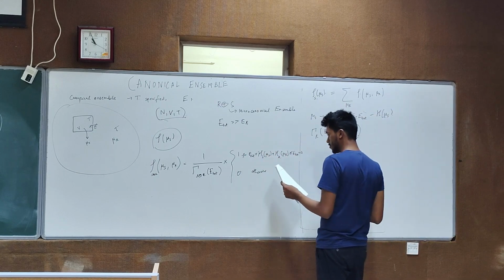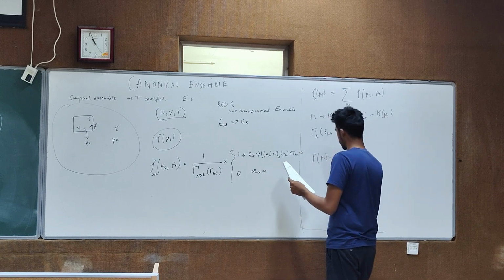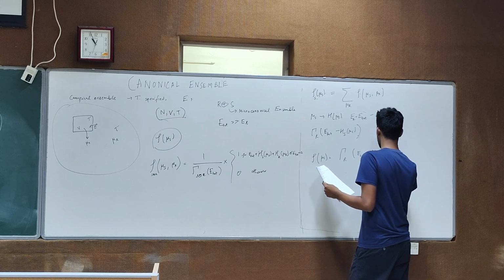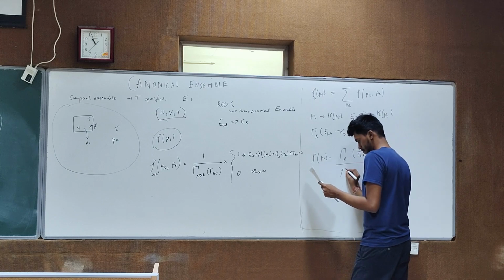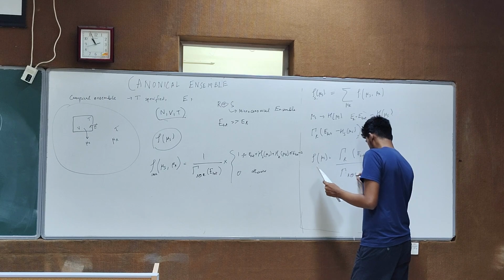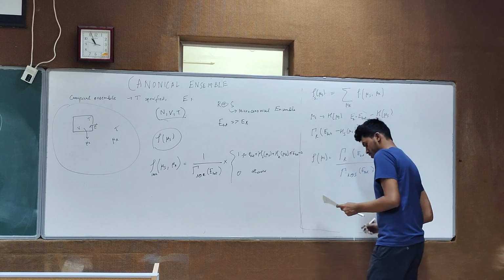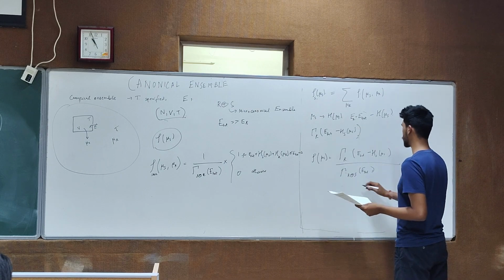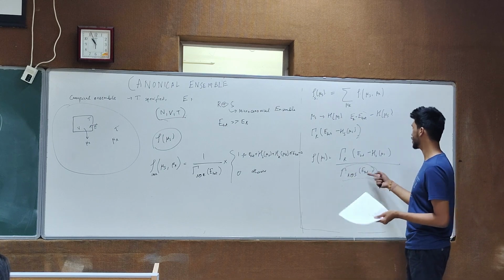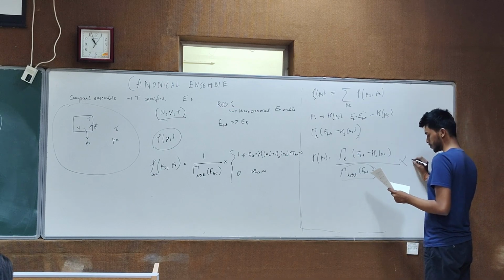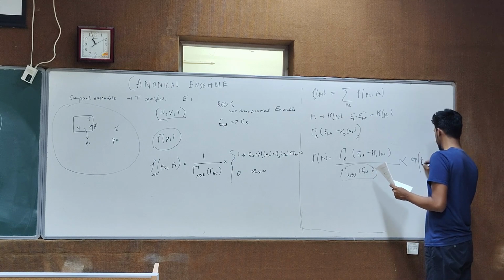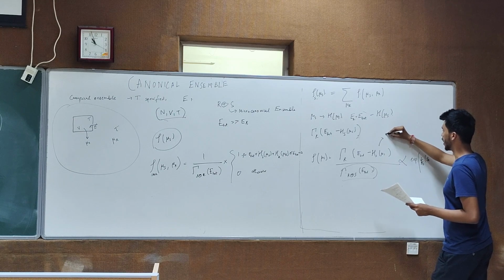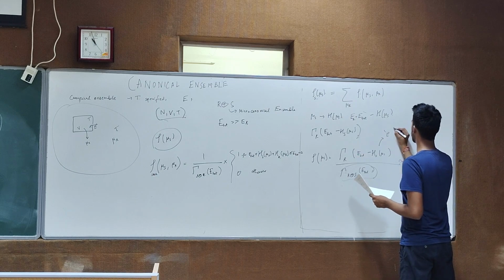And like the previous example, we get rho of μs to be this. This quantity is like a constant because it does not depend on the system, and so this is proportional to exponential of 1 by kB times the entropy, so you can write this as e to the power S by kB.